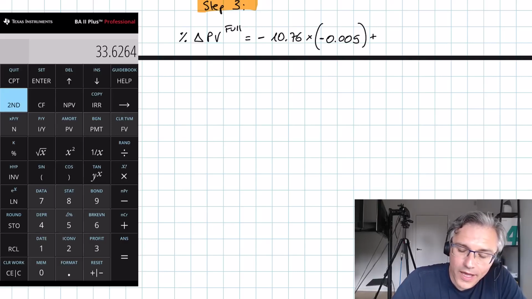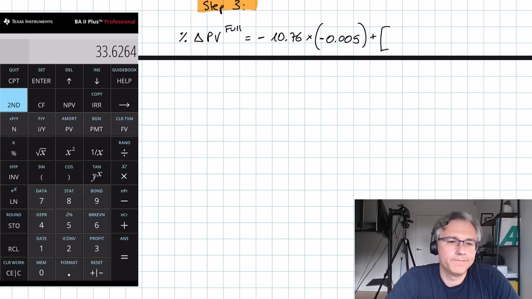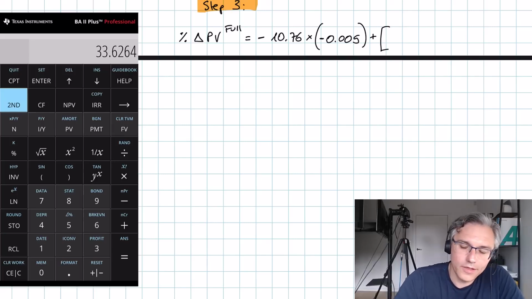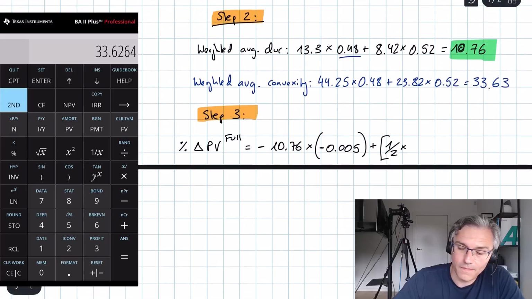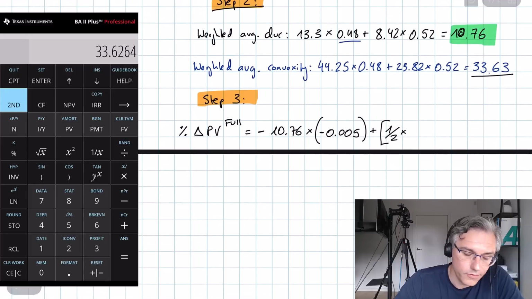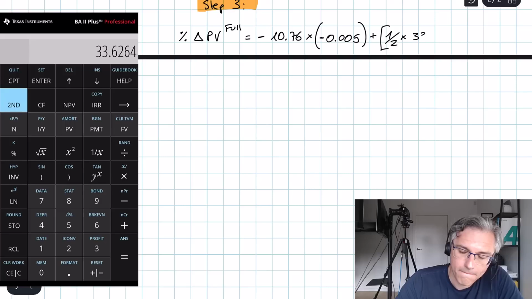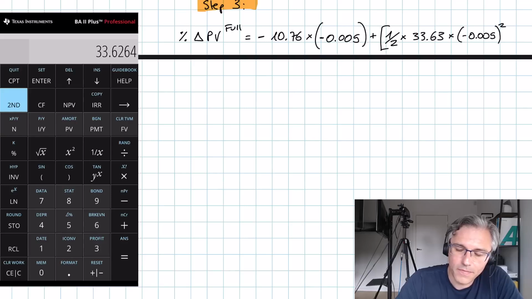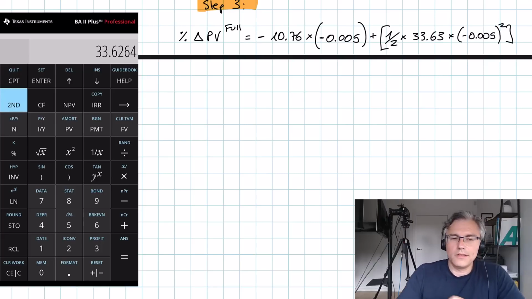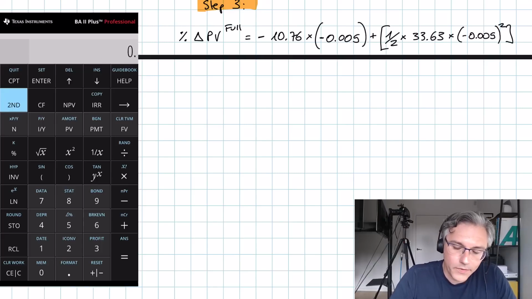And now I'm going to add, just like I would with the formula for a single instrument, 1/2, so half times the convexity measure, which is 33.63 in this case, and multiplied by the change in yield, but squared. Okay, it's a negative change, but it doesn't really matter because squaring will get rid of the sign. This should be the expression. So let's see what we get.